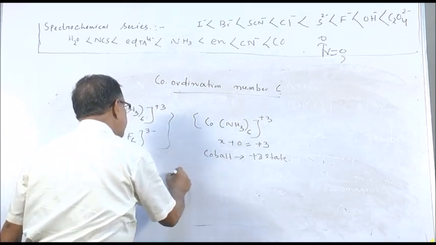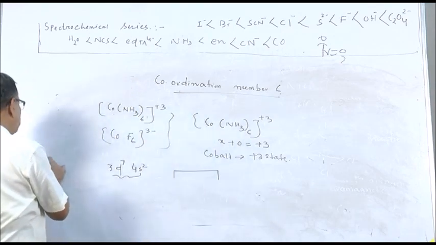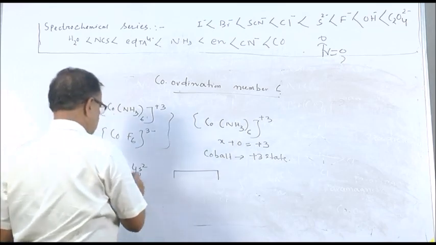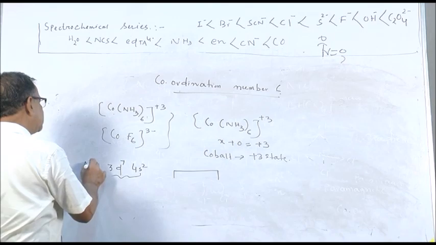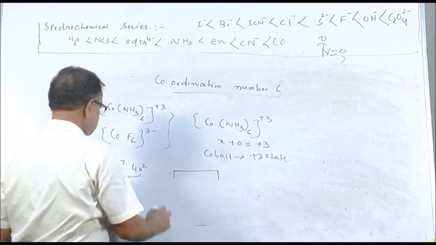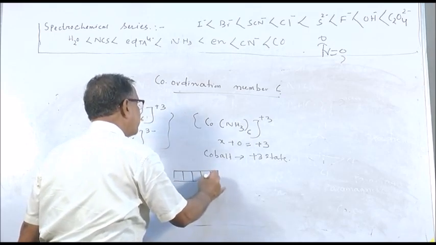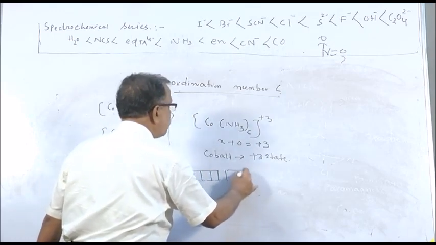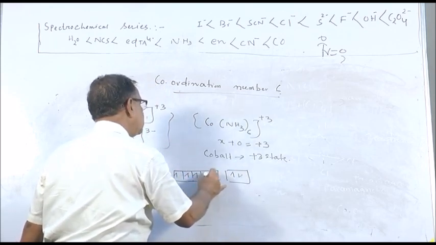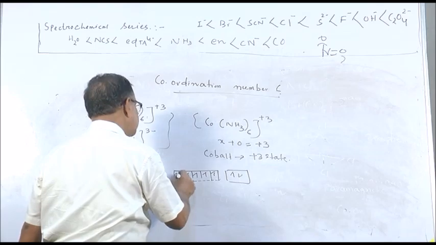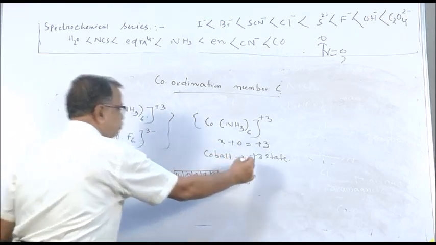We may write it as 1s2, 2s2, 2p6 like this, that is, you may write argon like this, 3d7, 1, 2, 3, 4, 5, 6, 7, 4s2. Now cobalt remains in the +3 state.